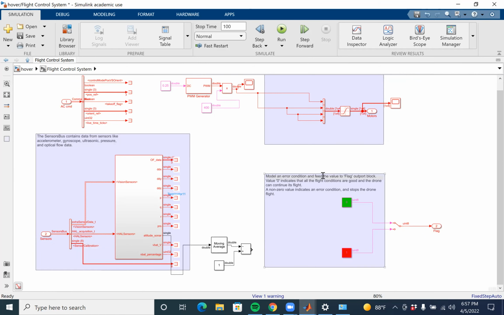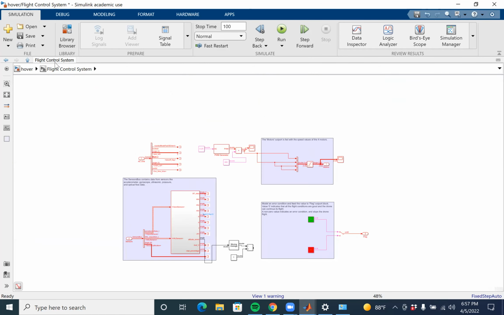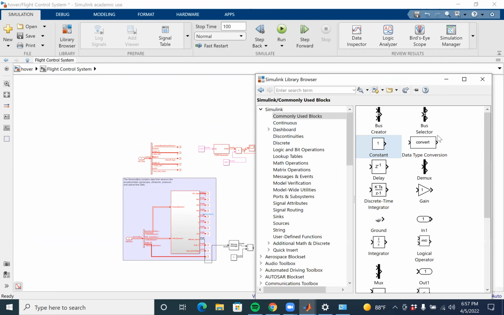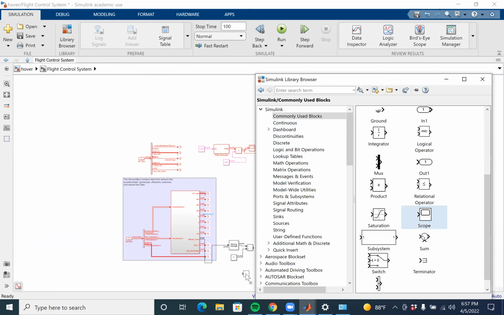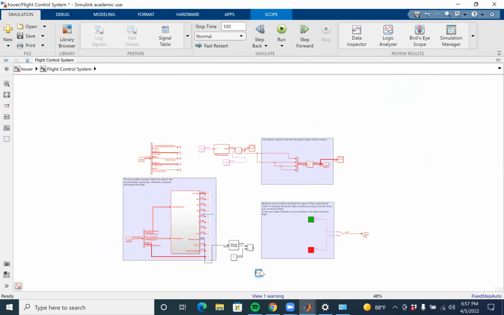And what I want to do is plot this. Or actually I can display this as well. So if you want to just display the value, that's fine too.